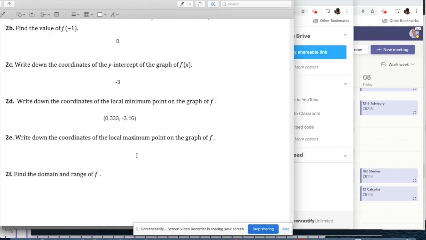Okay, so I need to write down the coordinates of that local minimum. I rounded to 3 significant figures. I could have put in 1/3 there. This is the X and Y coordinates.